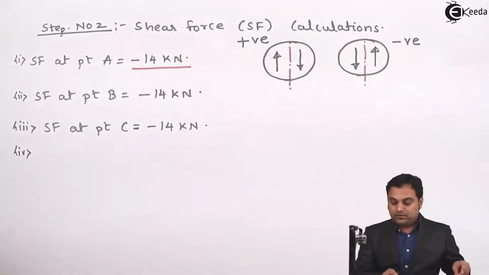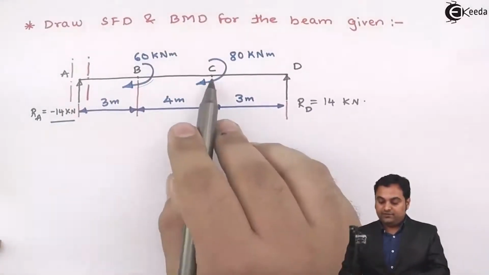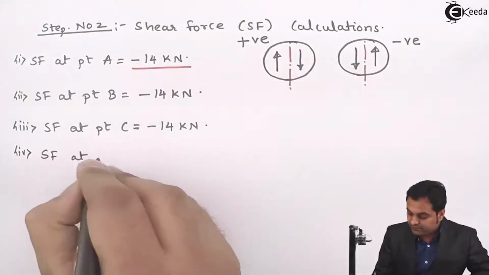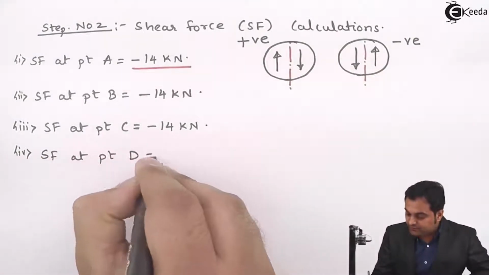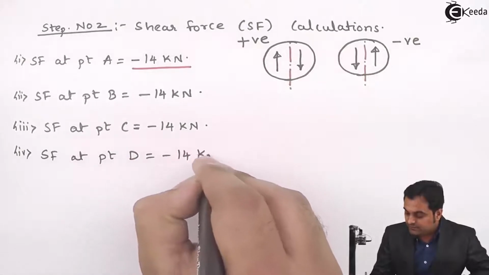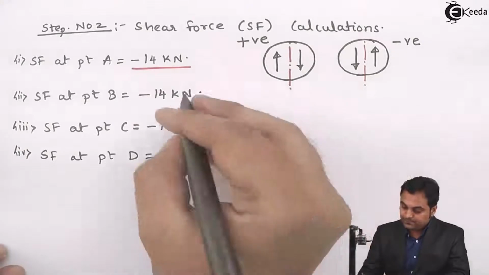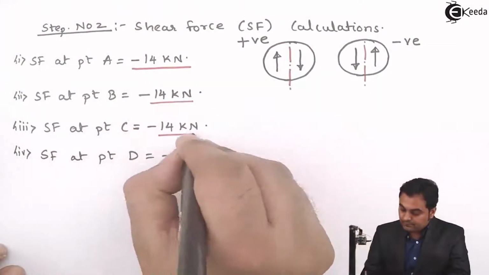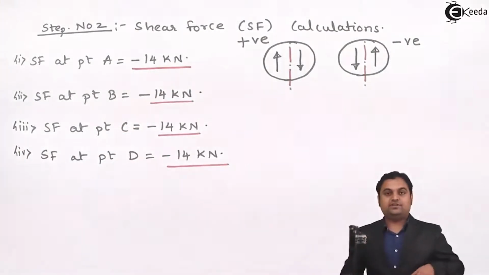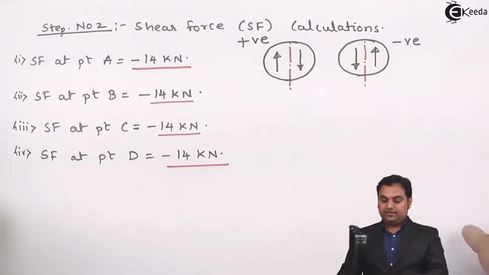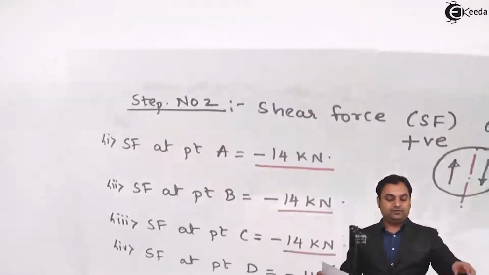Then again there is no load between C and D, so SF at point D will also be the same, minus 14 kilonewton. The values are the same. Now, after getting the shear forces at each of the points, we need to draw the shear force diagram. For that, I'll draw the beam again.